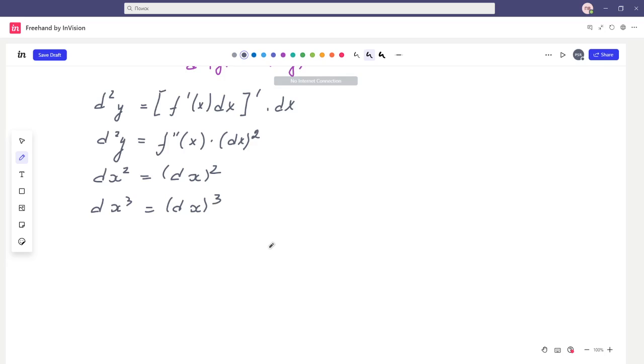The third differential, the differential of the third order of a function, is the differential of its second differential.